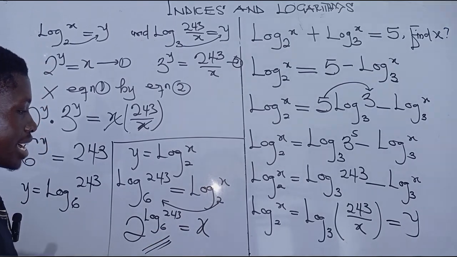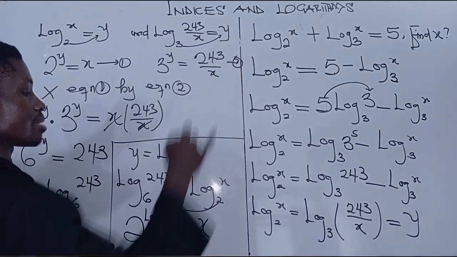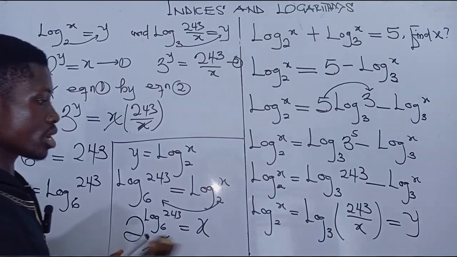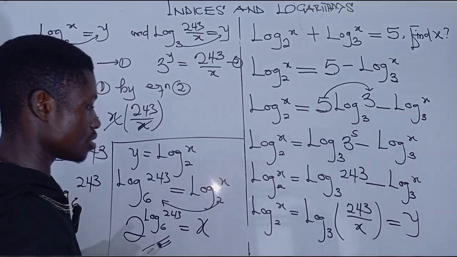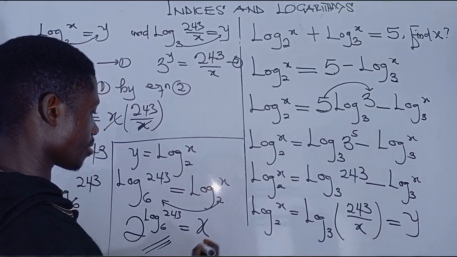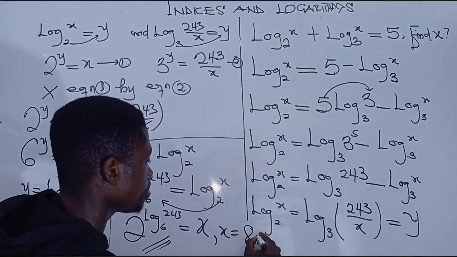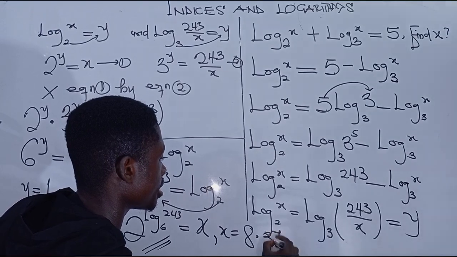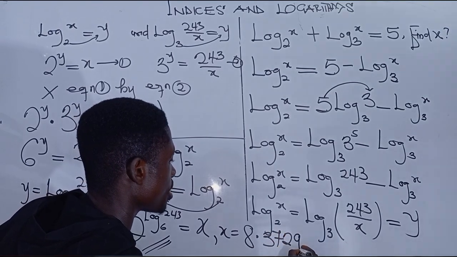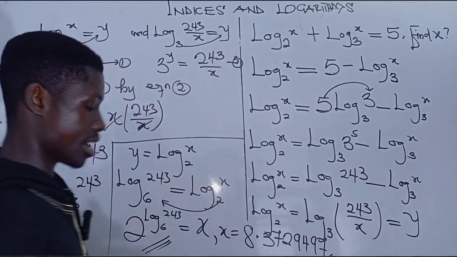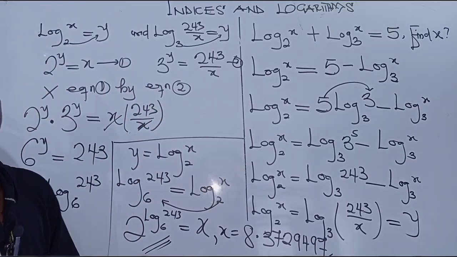So this is the value for x that satisfies this logarithmic equation. Better still, we can convert this into a decimal fraction, and we are going to have our x to be equal to 8.3729497, as easy as ABCD.